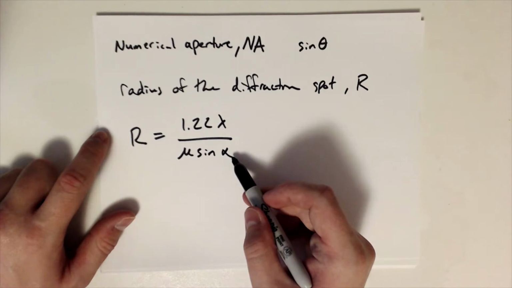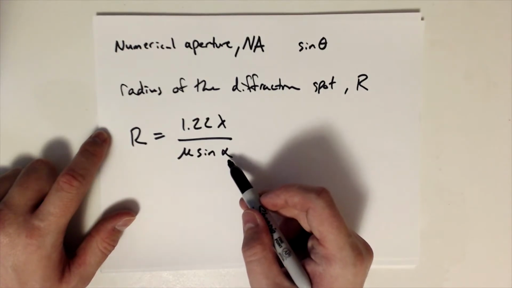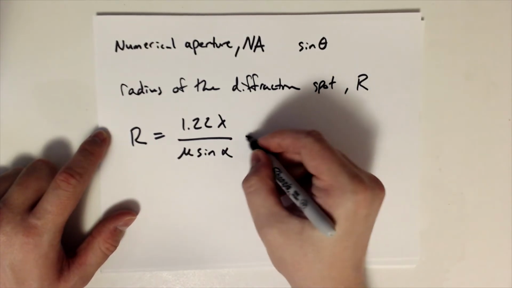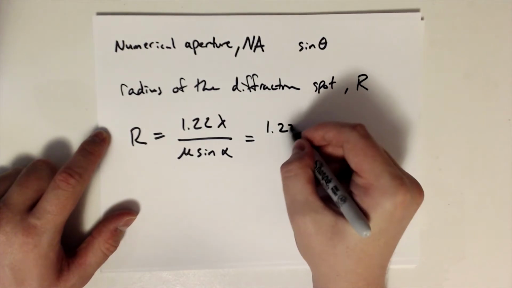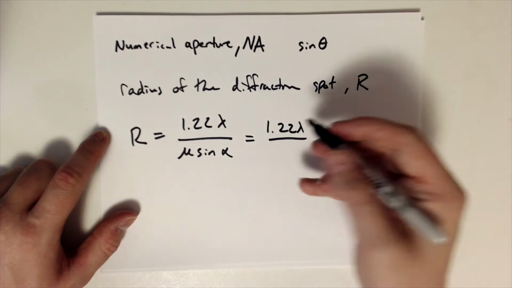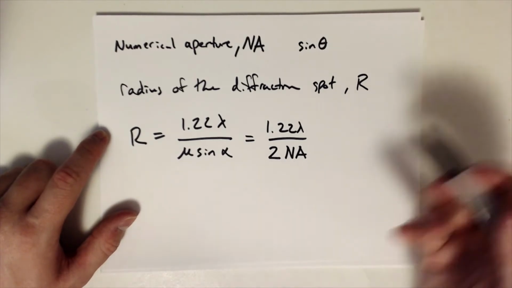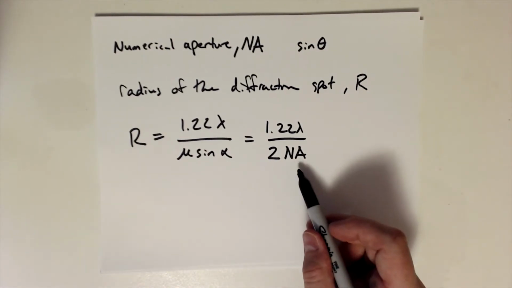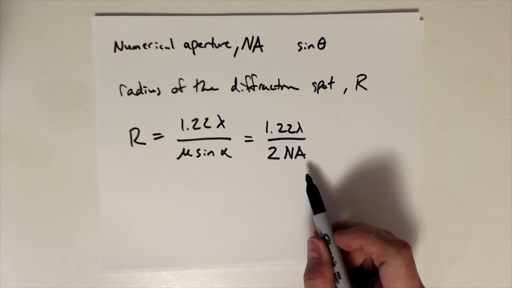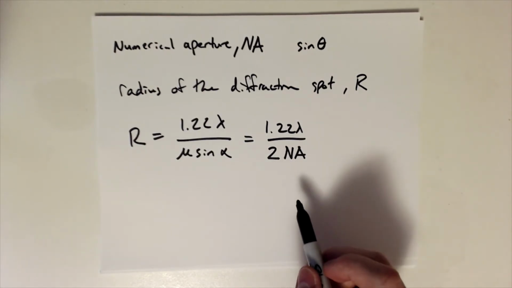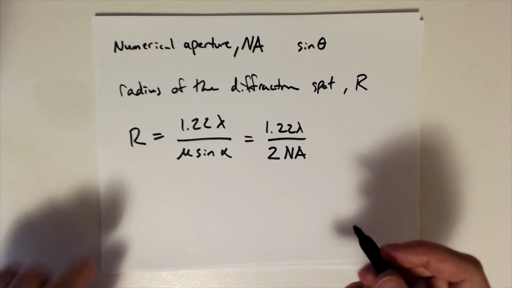So this is the aperture angle. This is the more commonly used designation for aperture angle. So this can also be rewritten as 2 times NA. So again, NA is the aperture. So effectively, we have sort of a conversion here. I apologize.